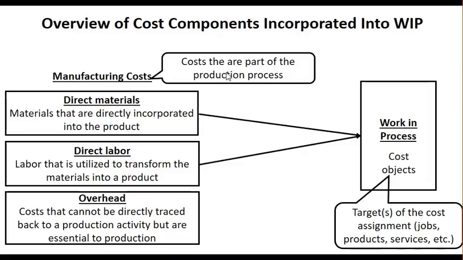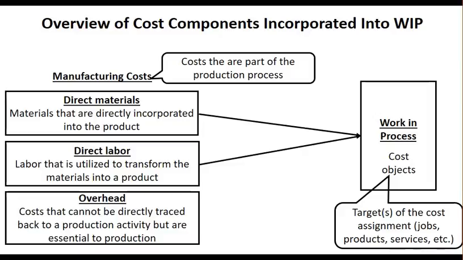Now, some manufacturing costs are very easy to identify with what we call cost objects, where we can assign cost directly to a particular work in process, a product line, or a job. It's easy.